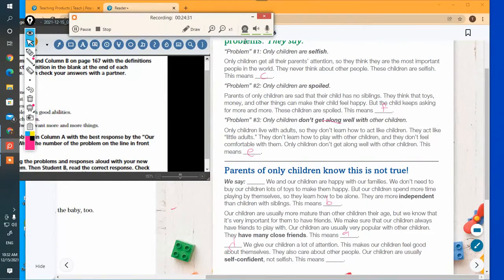Well, how did the parents of the only children respond? There's a response that coincides with only children are selfish when basically the parents defend their children, then they explain that their children are not selfish.